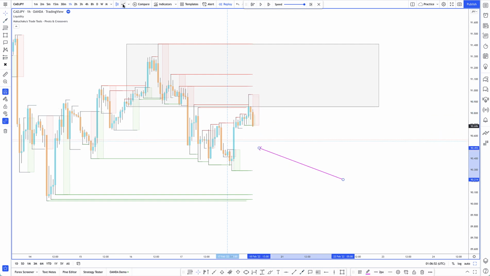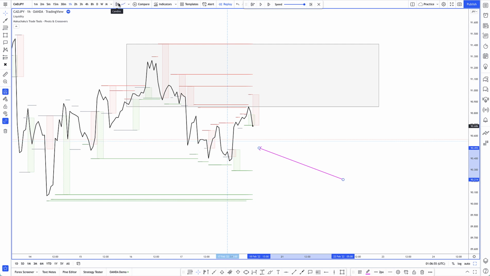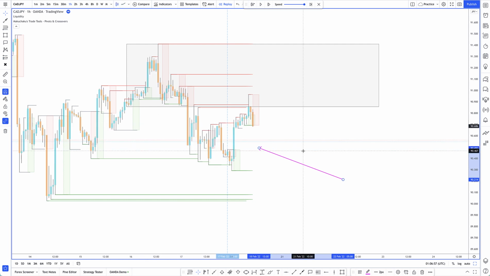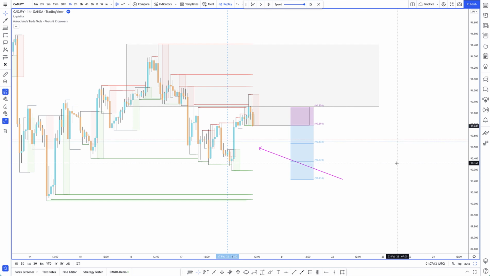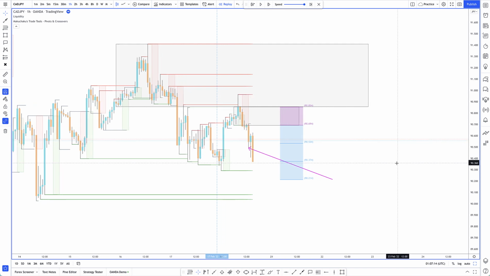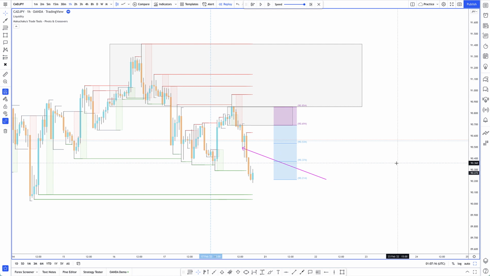It is very clearly visible in a line chart. So we mark this as our breaker, and then set up our risk reward, and that's where we go for a trade. Boom, 3-hour trade.